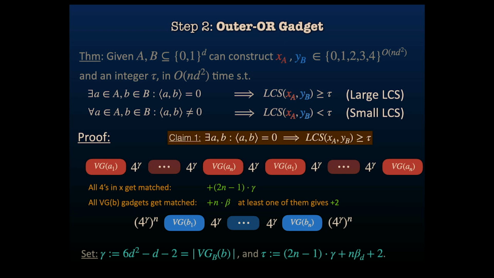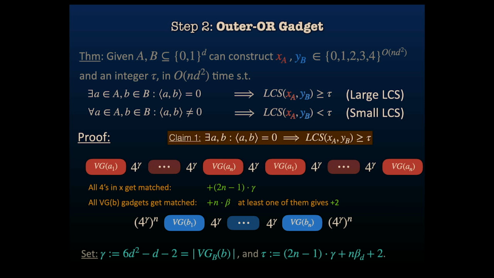And then also, all the gadgets here are getting matched. Not all the A's, but all the B's are getting matched. And then you're getting this beta from each one, and maybe you're getting a +2 from the orthogonal pair. So you get n times beta for sure, and then if there's indeed an orthogonal pair that you're matching, you get a +2.